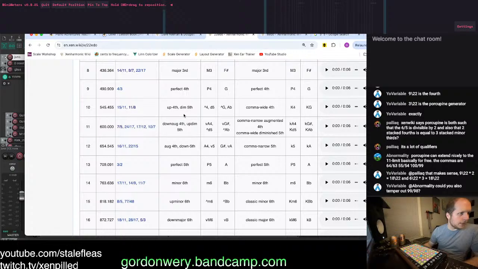Porcupine can extend nicely to the 11 limit basically for free. The commas are 64/63, 55/54, and 100/99. I don't know what that means. What do you mean?